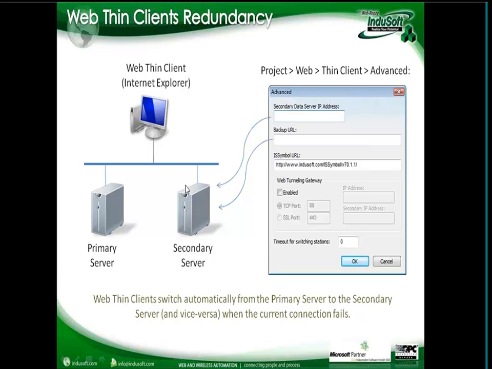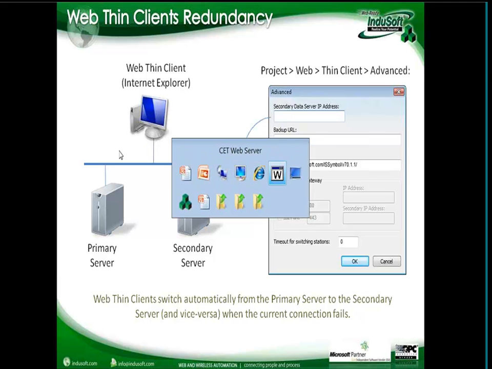In this case, the web thin client will try to connect again with the primary server. And this switch from the primary to the secondary or from the secondary to the primary is done automatically and in a transparent way for the web thin client user.